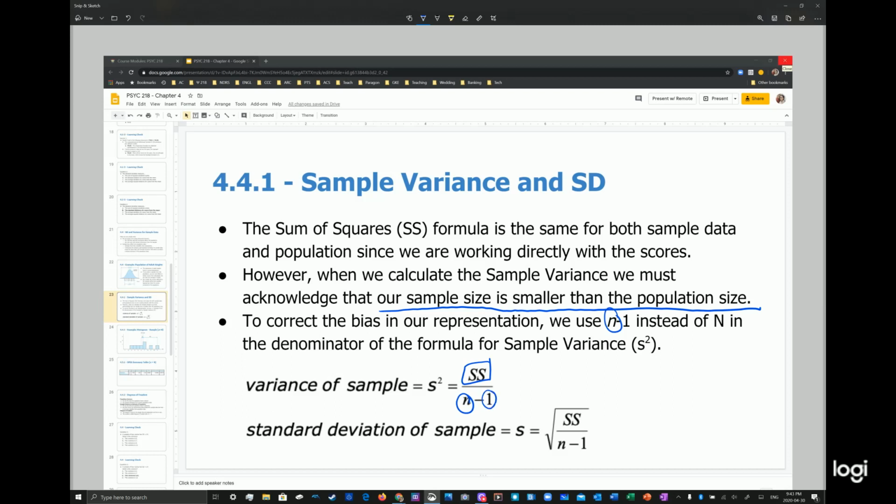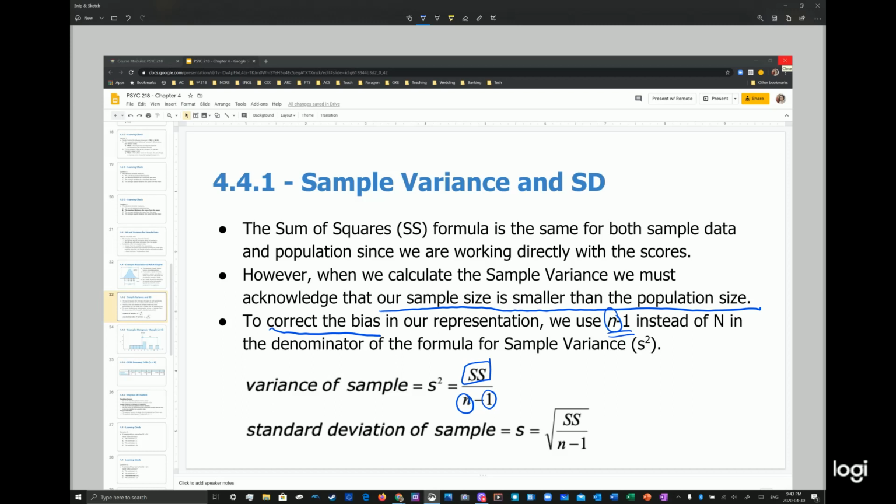But in terms of using a smaller denominator, we're trying to correct the bias by making our variance of the sample larger than it would be if it was just n, because that n is only reserved for the population when we have everybody. And so because we don't have everybody, we must account for this and correct the bias, and the way we do it is with degrees of freedom, which is n minus 1.